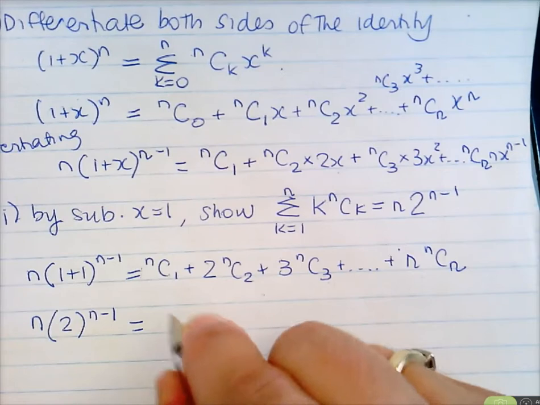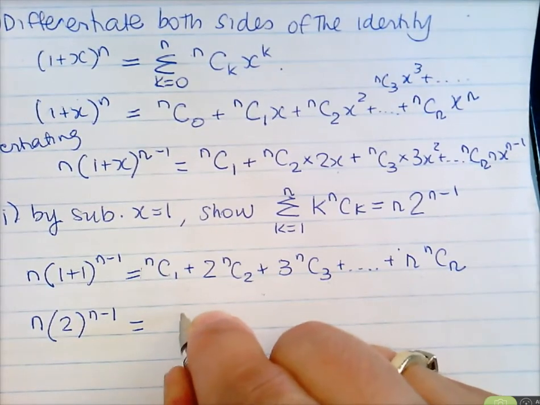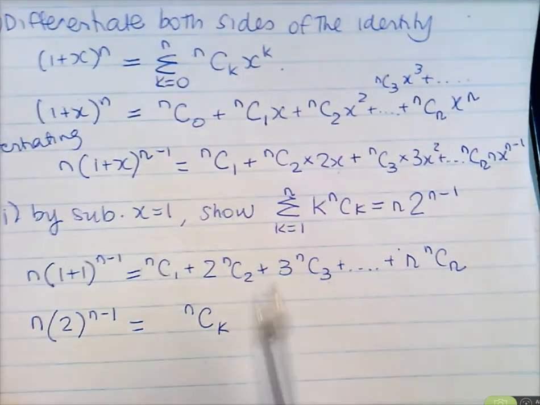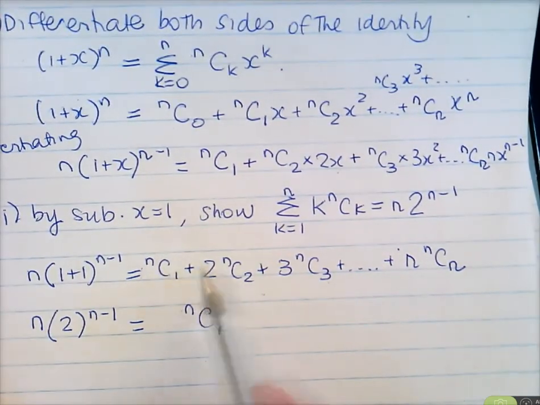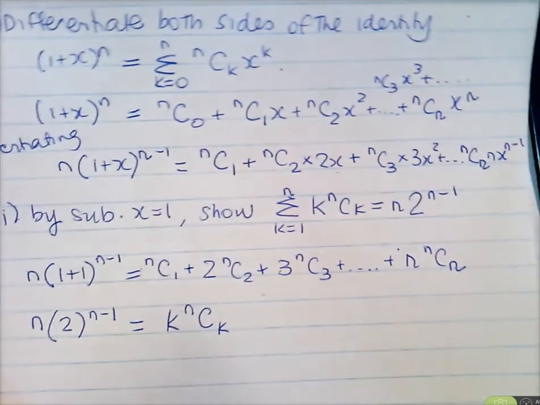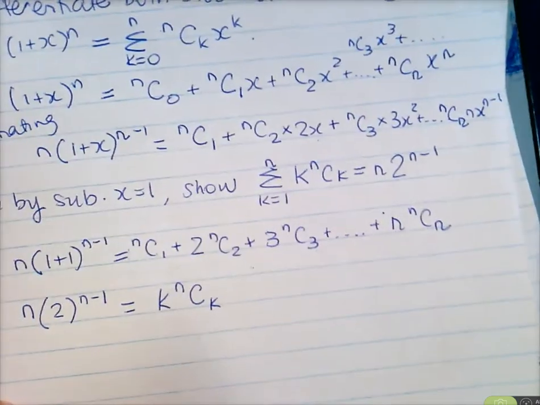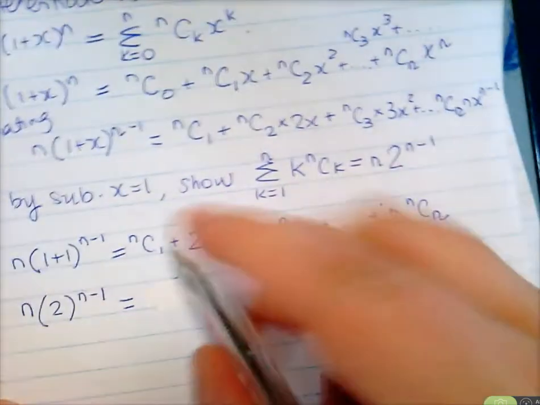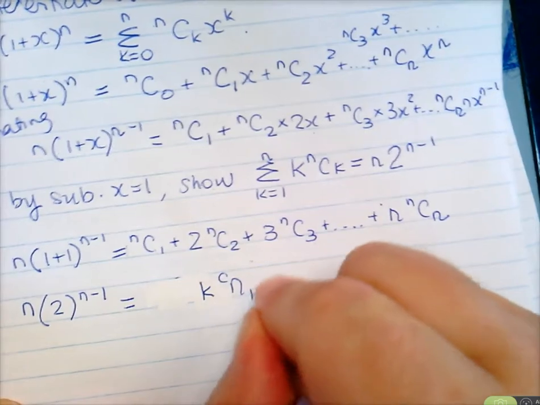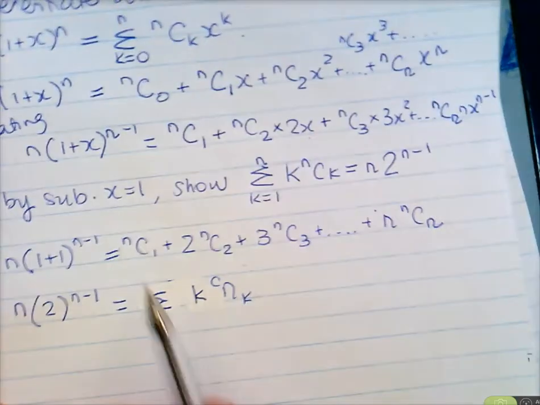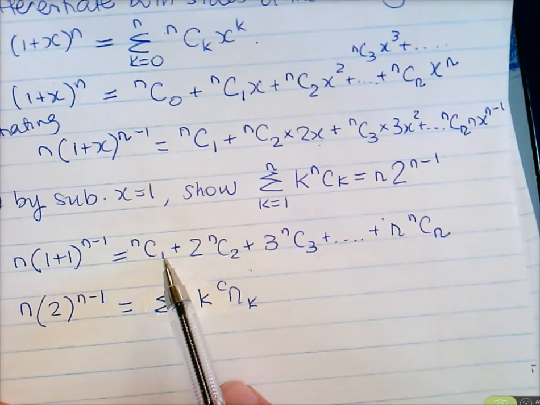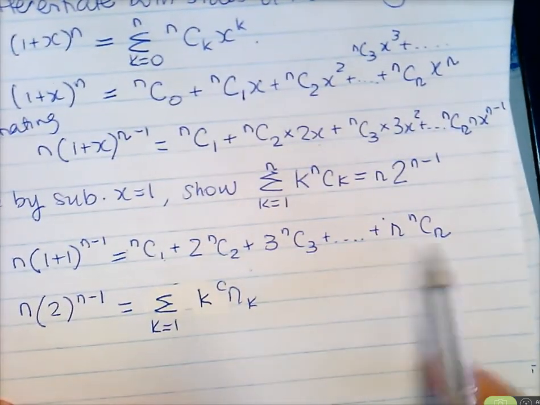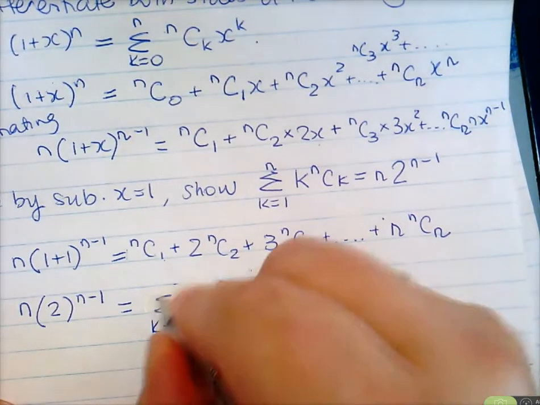So that to me looks like the general format is, you know how you've normally got nCk? Well, this little k is the same as the number at the front. k nCk, but wait a sec, don't write it yet. So it's the sum of all k nCk. And what does your k start from with your first one? From k is 1, all the way up to k is n.